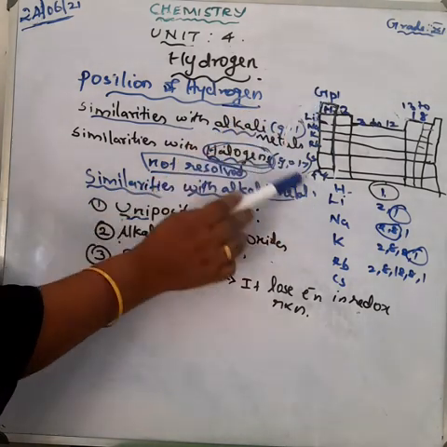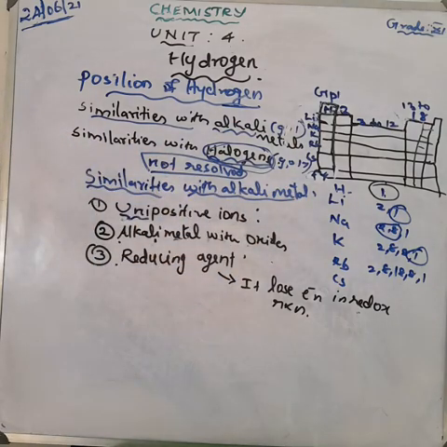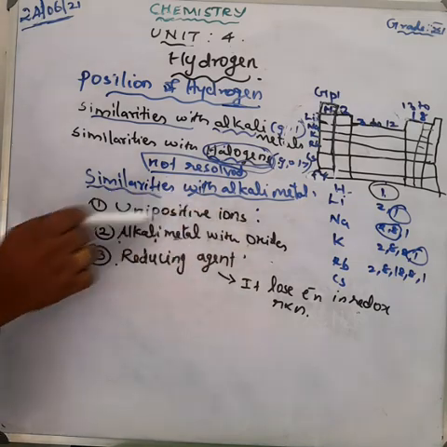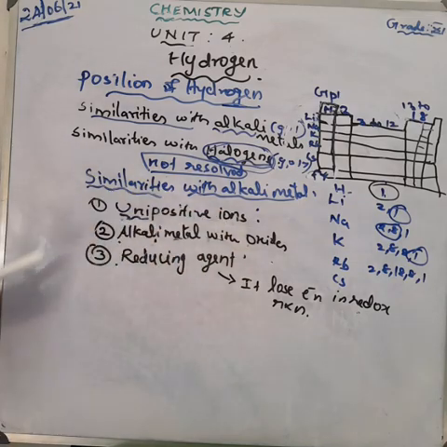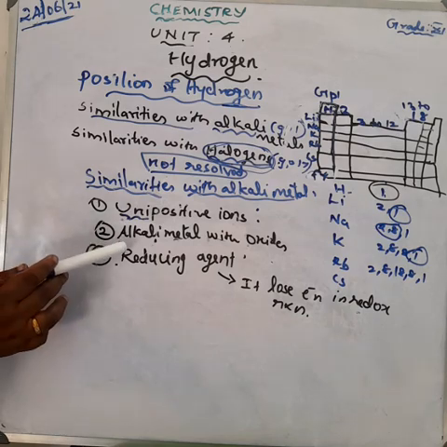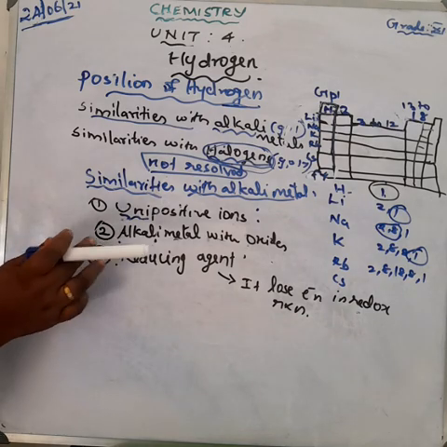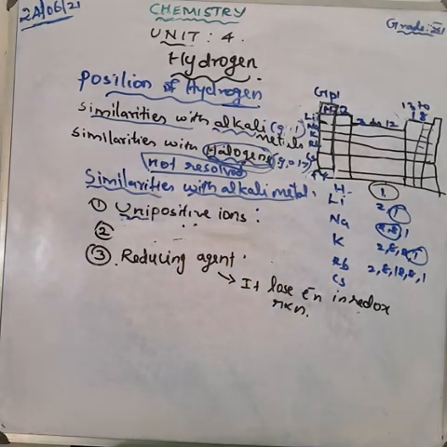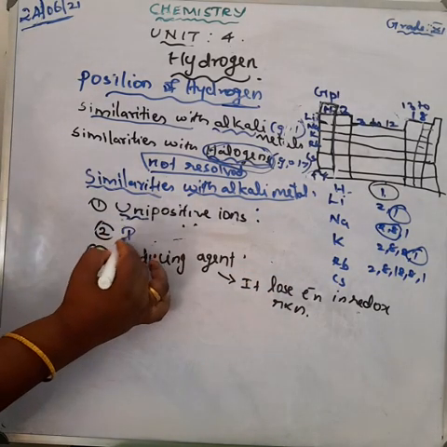Whatever similarities between hydrogen and alkali metals, there are three. First, it forms a unipositive ion like the alkali metals. Second, it forms halides, oxides, sulfides like the alkali metals. Third, it also acts as a reducing agent.